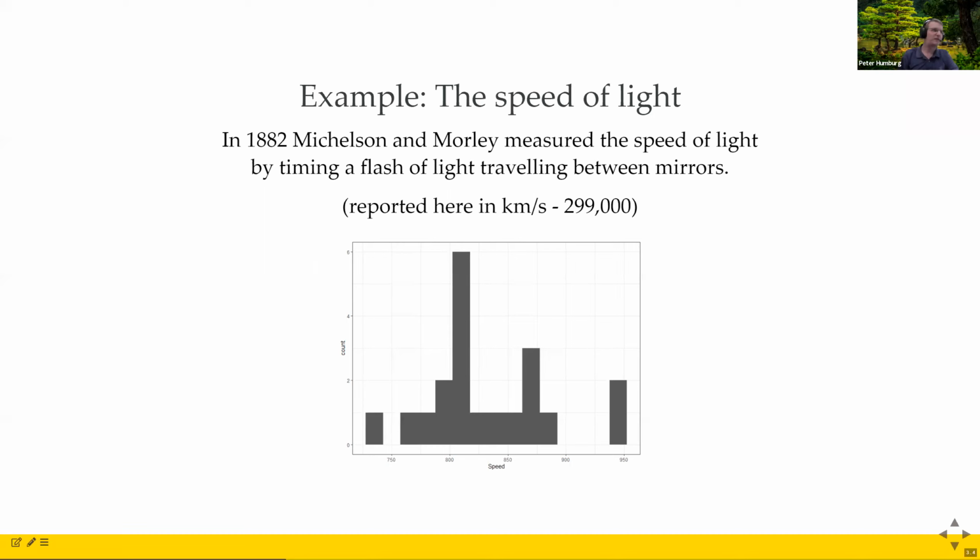If these numbers look kind of small, that's because a large number, 299,000 kilometers per second, has been subtracted from them, so we get some easier to read numbers.